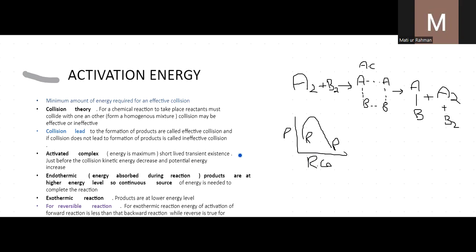So what is the definition of exothermic? In an exothermic reaction, product is at the lower energy level. In an endothermic reaction, product is at the high energy level, so a continuous source of energy is needed to complete the reaction. In an exothermic reaction, there is no need for a continuous source of energy to complete the reaction.